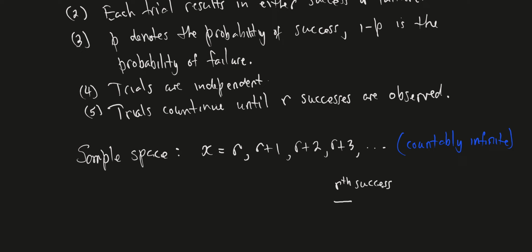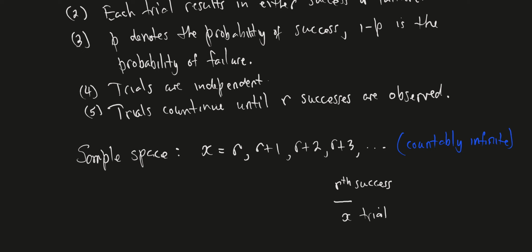And at that point, the experiment would end, because that's what we're looking for. So for it to end right here, we're saying that the rth success will be on this x trial. It's going to take x number of trials to see this rth success.